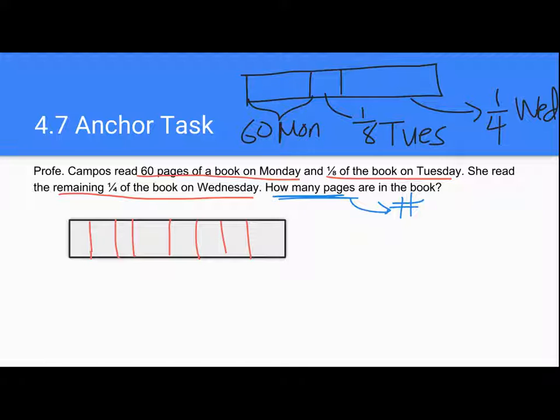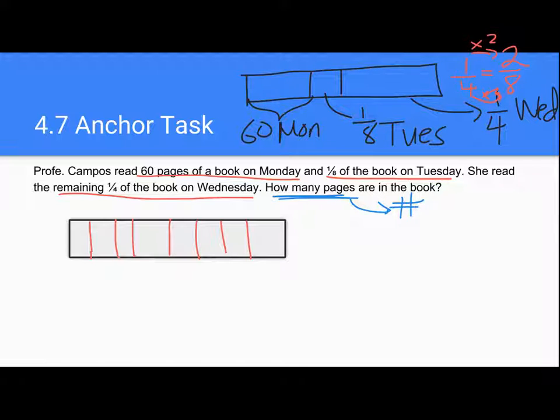Great. So here's what I do know. I know that she read 1/8 on Tuesday, and it's already broken up into eighths. But if she read 1/4, I need to find out what 1/4 is in terms of eighths. Well, 4 times 2 is 8, and what I do to the bottom, I got to do to the top. 1 times 2 is 2.